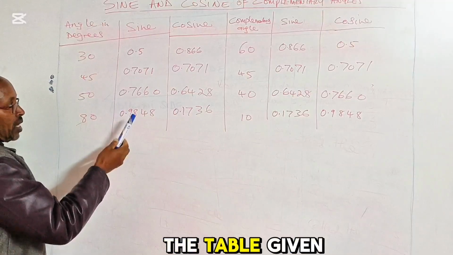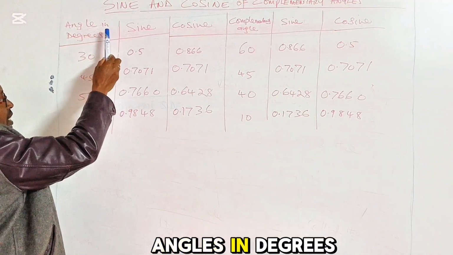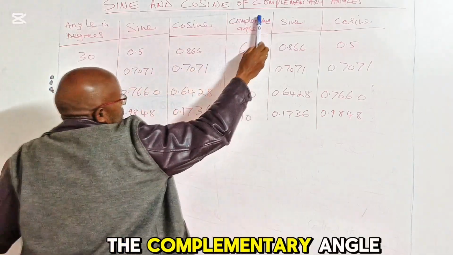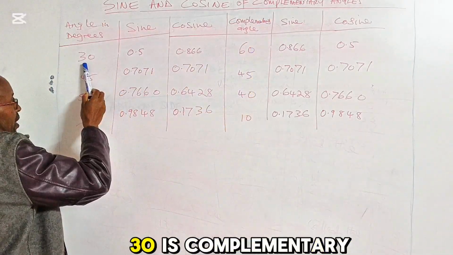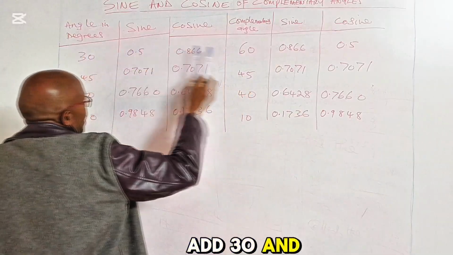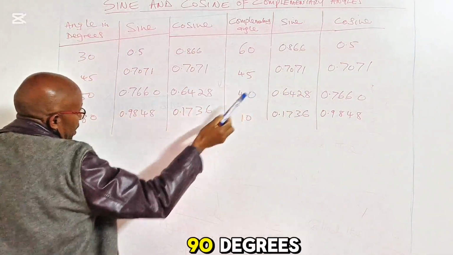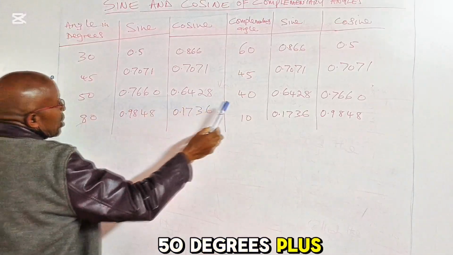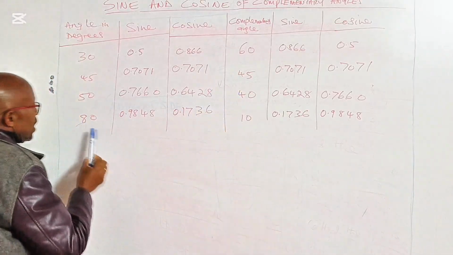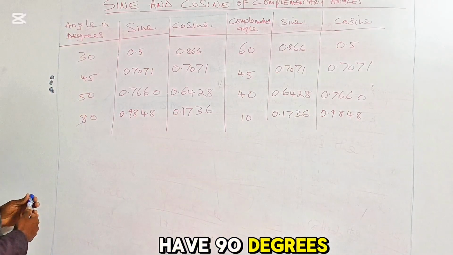From the table given, you can see that we have angles in degrees here, and we have the complementary angle. 30 is complementary to 60 because when you add 30 and 60, you get 90 degrees. 45 plus 45, 90 degrees. 50 degrees plus 40 degrees, 90 degrees. 80 degrees plus 10 degrees, we have 90 degrees.